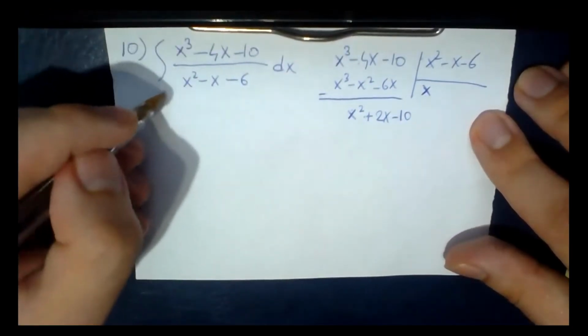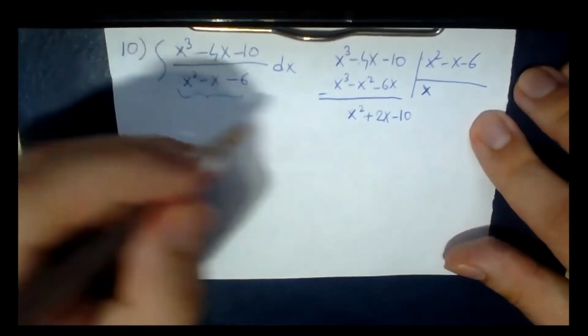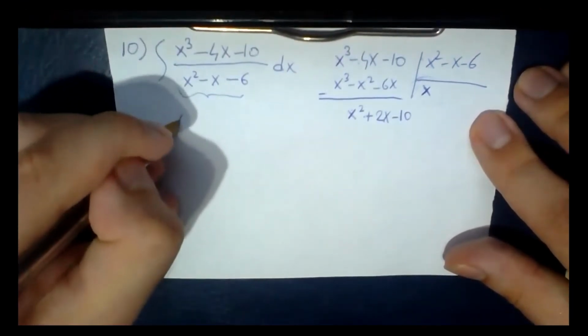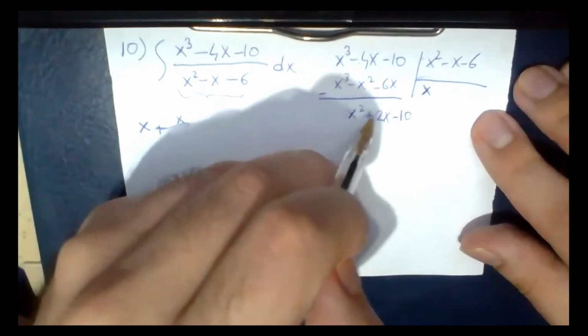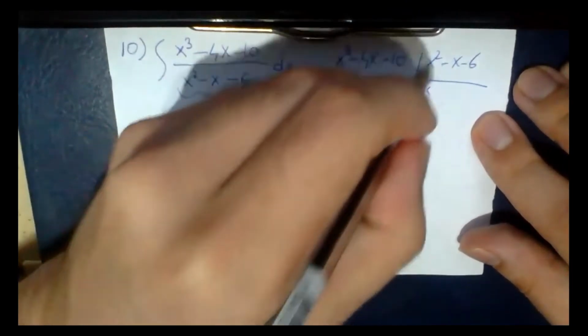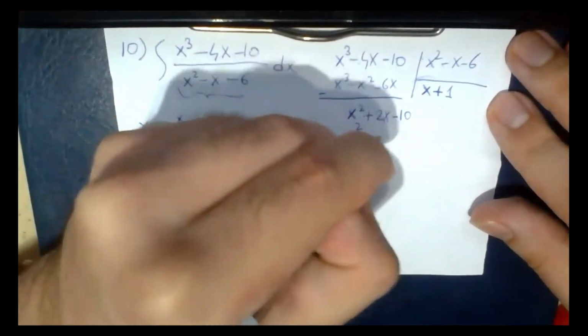So this integral will be equal to x plus, the division is not complete here because the degree of the remainder is still not less than the degree of the divisor. So we have 1 times x squared minus x minus 6 here.